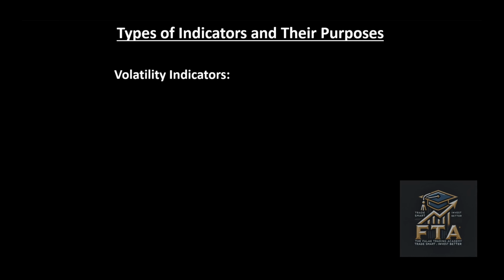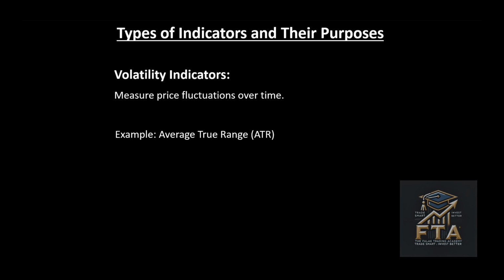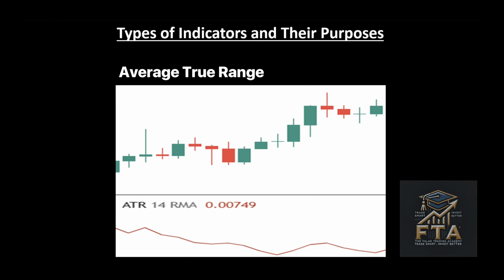Next, we have volatility indicators, and these measure price fluctuations over a period of time. An example is the average true range, which is another indicator that I use, and this is one that I always use no matter what I'm trading. And the ATR, the average true range, tells you how much price has moved over a set number of candlesticks. The default setting is 14, so the ATR 14 shows you the movement in price over the last 14 candlesticks.